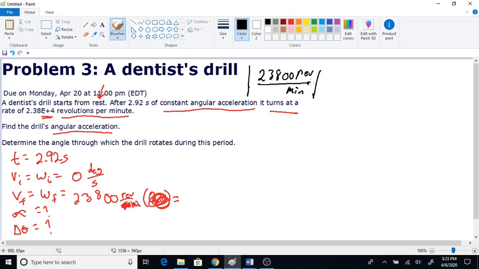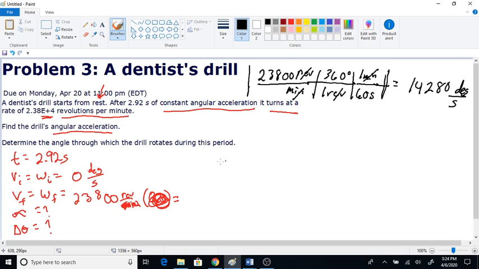You're going to use that 1 revolution is 360 degrees, and that 1 minute is 60 seconds. So in essence, you're going to multiply by 360 and divide by 60, which is the same thing as just multiplying by 6, but I like showing the steps. We'll be left with degrees per second. When I do this, I get 14,280 degrees per second.